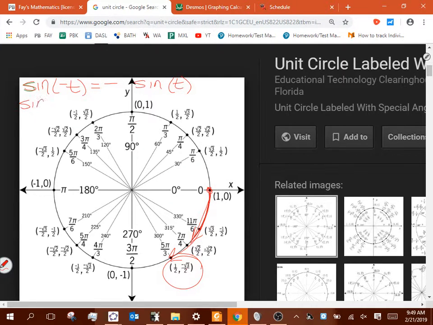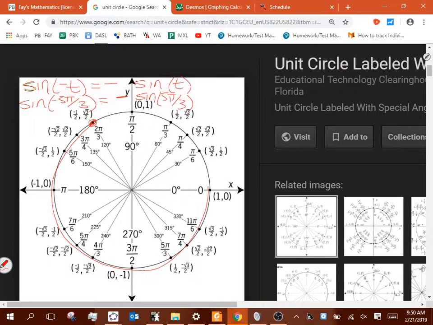So sine of negative 5 pi over 3. Is that equivalent to saying sine of 5 pi over 3, but multiplied by a negative 1? I'm sorry. Yeah, that's fine. So my apologies. This is not negative 5 pi over 3, is it? That is negative 5 pi over 3.